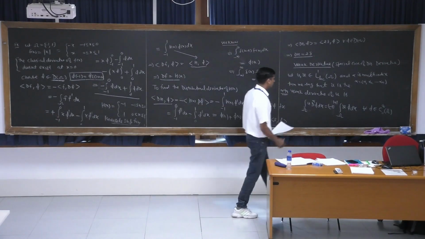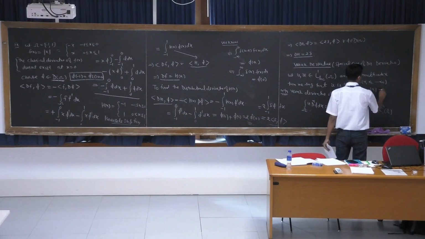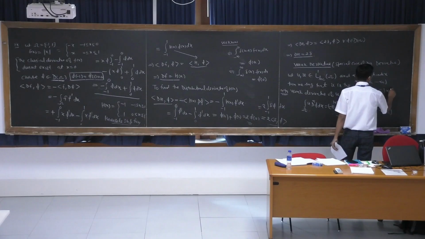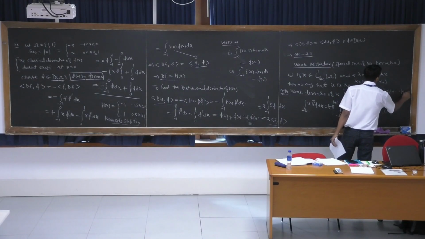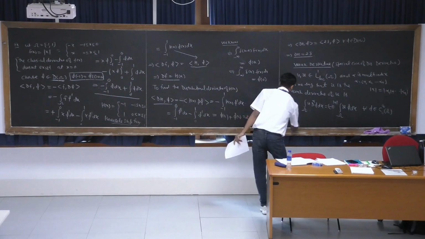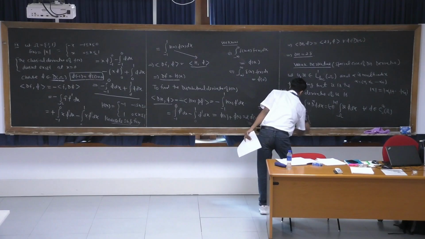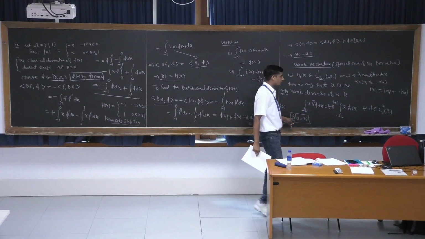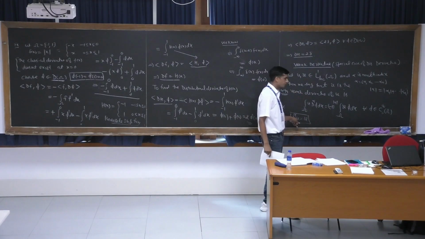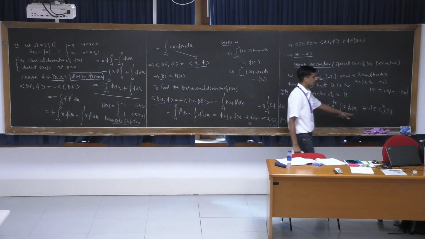Alpha is the multi-index, and obviously you know that mod alpha is equal to alpha 1 plus up to alpha n. We denote this by D alpha of u is equal to v. This means the alphath weak derivative of u is equal to v if this integral is satisfied.